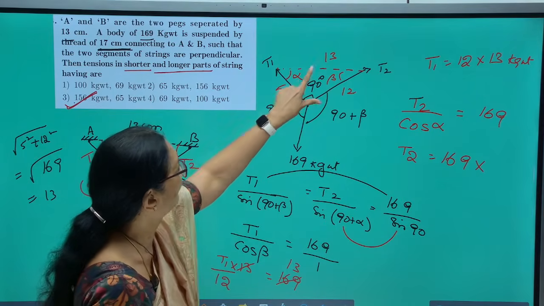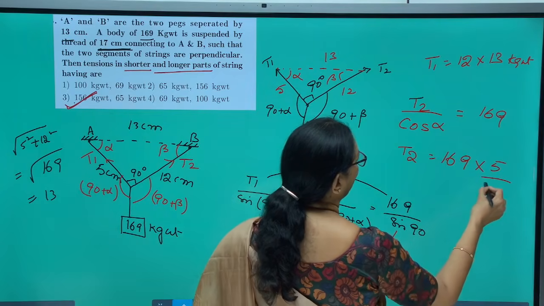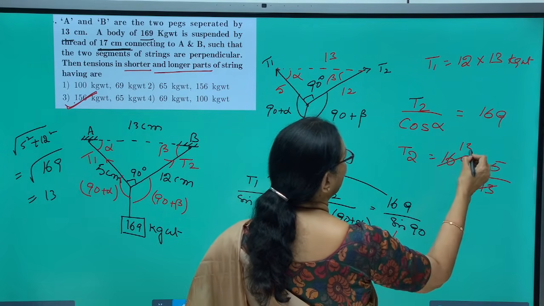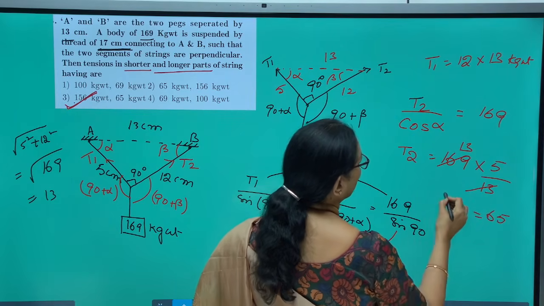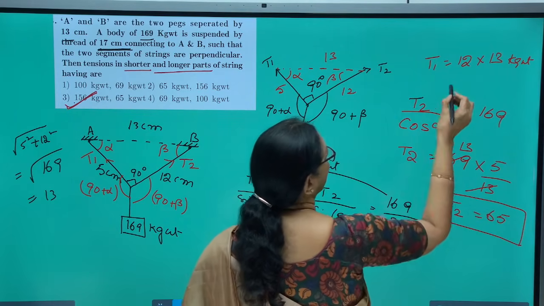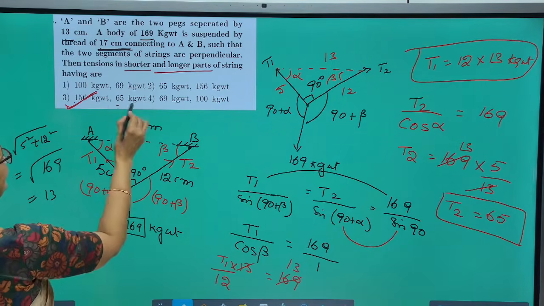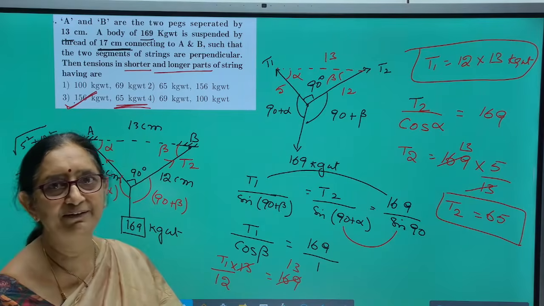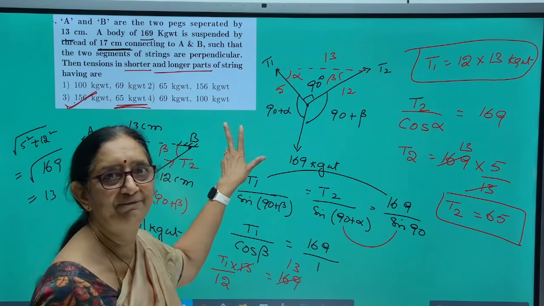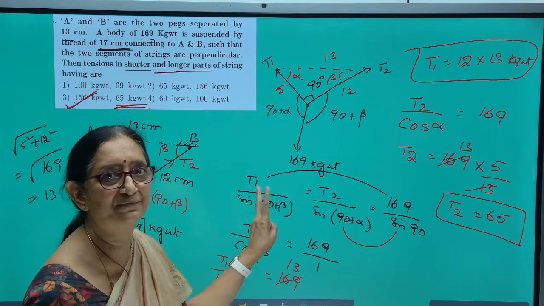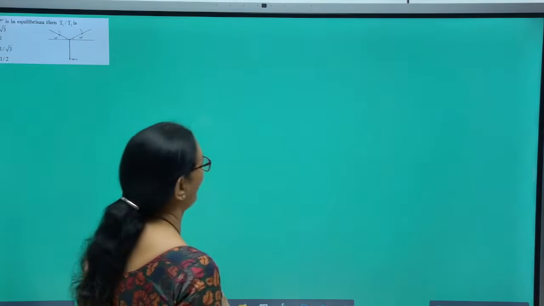Cos alpha is adjacent by hypotenuse, that is 5 by 13. 13 times 13 5s are 65, so it is 65 kg weight. So T1 is 156 kg weight and T2 is 65 kg weight. We have done two problems of the same kind. Now, let us go to the last problem.